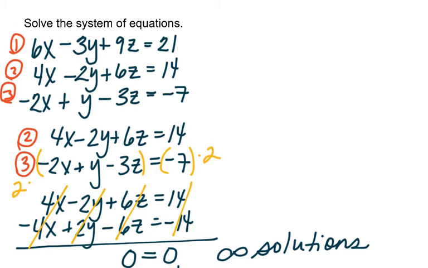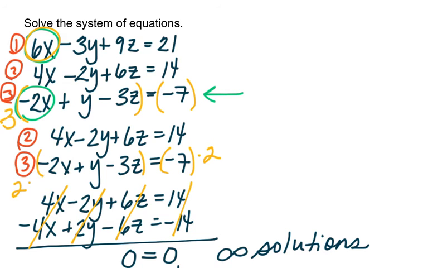So for example, let's start with this bottom equation just because it has the smallest leading coefficient here for x. I have a negative 2x. So look at equation 1 where you have a 6x. So if they're multiples of one another, then I would need to multiply my third equation by negative 3 in order to get a negative 6x for my first term.